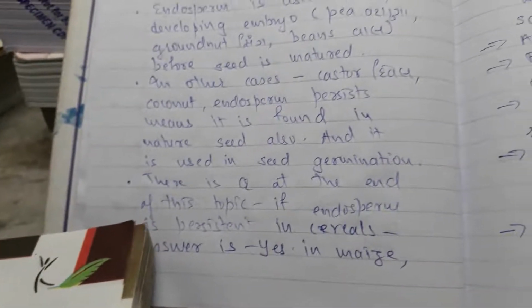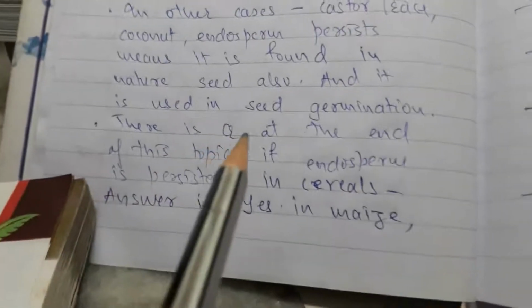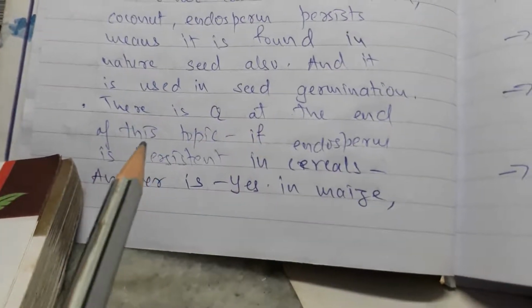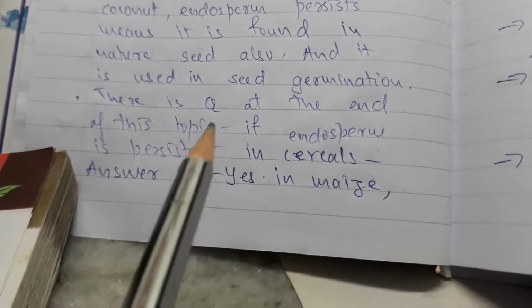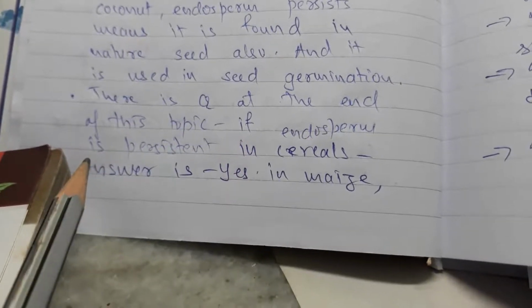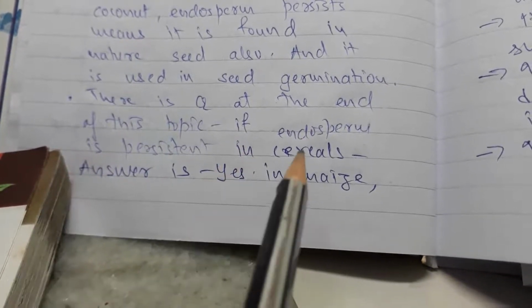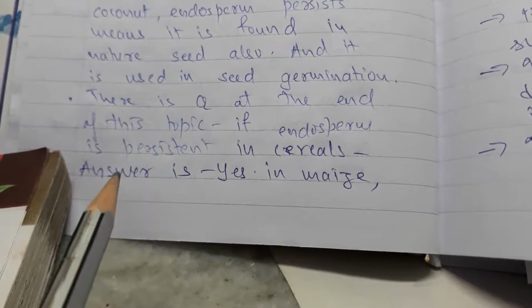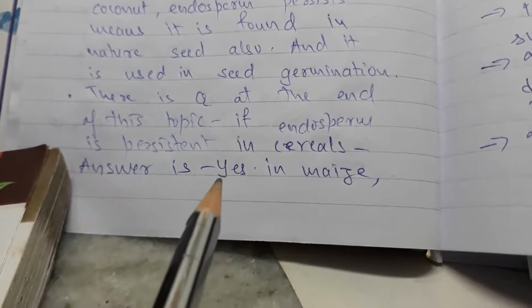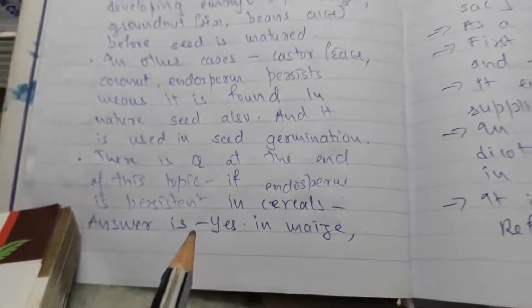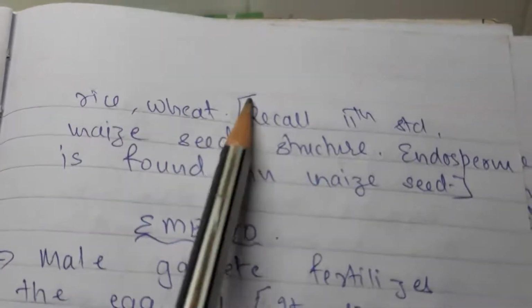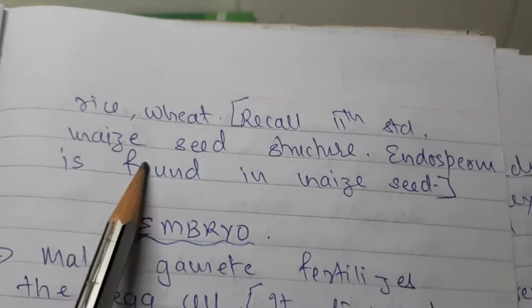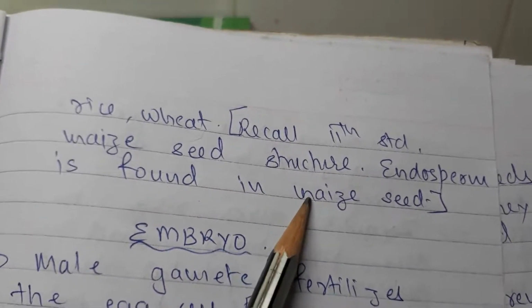Now, there is a question at the end of this topic. Does endosperm persist in cereals? Yes, the answer is yes. Recall 11th standard. In maize, rice, wheat, we have done the maize seed structure also.